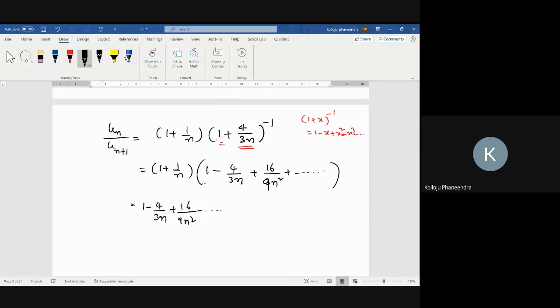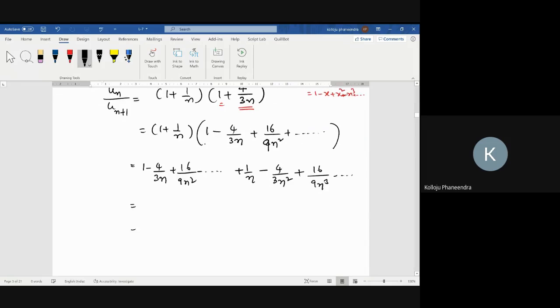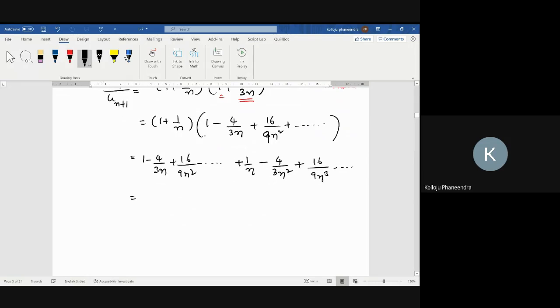And coming to this one, plus 1 by n minus 4 by 3n square, next plus 16 by 9n cube and so on. So let me club the similar terms.